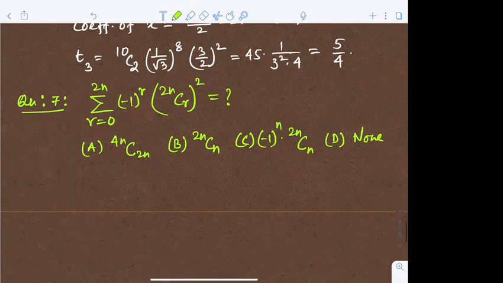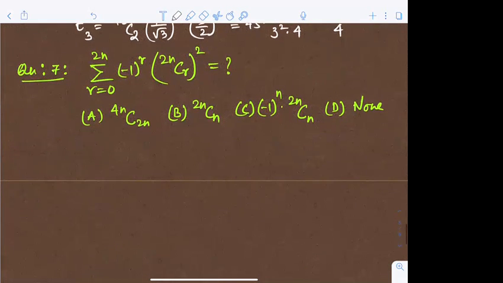So which one is correct? That you have to find out. This is a direct formula. If you remember, you can just get the answer without any calculation. What, you don't remember the formula?